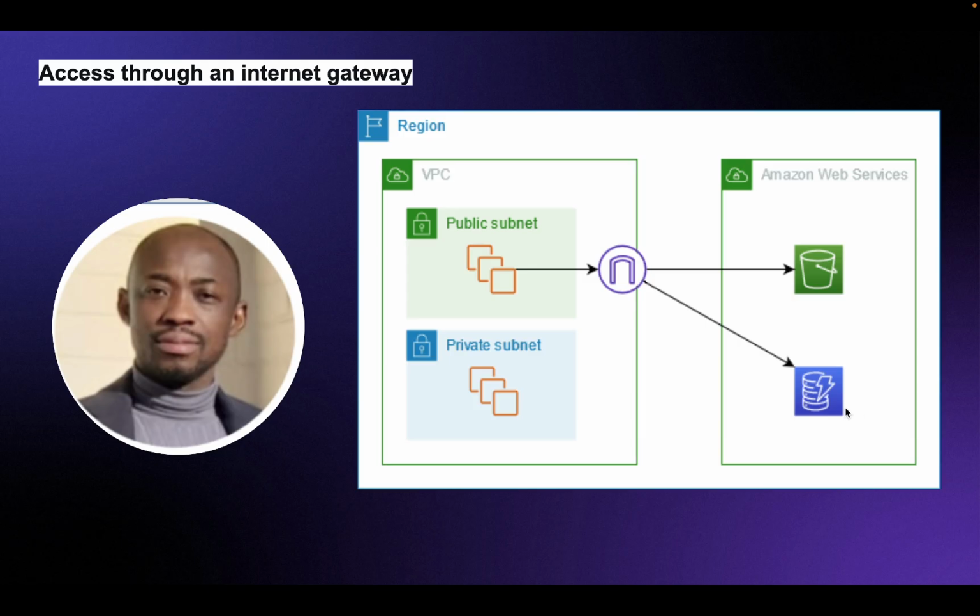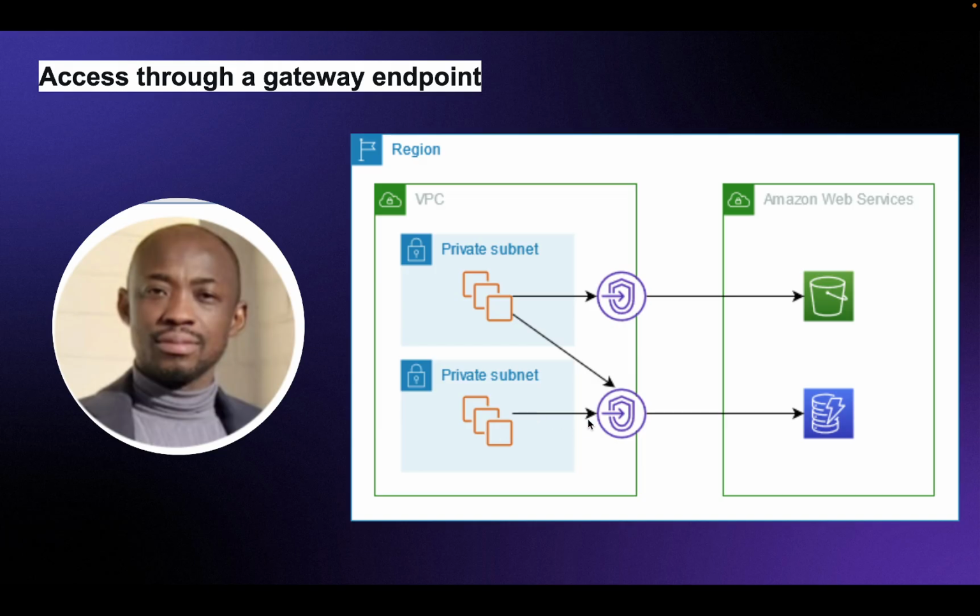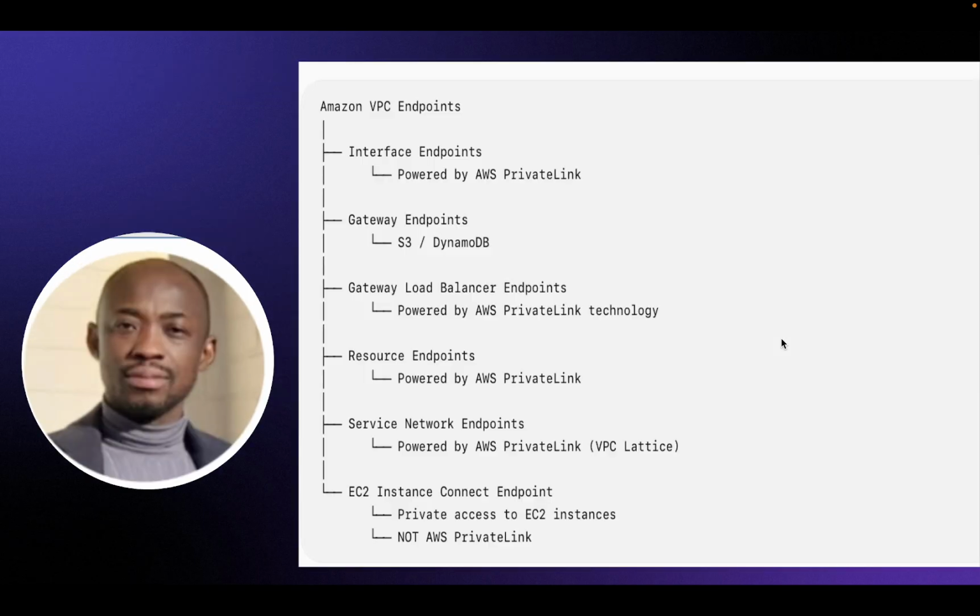But if your EC2 is in a private subnet, what is going to happen is you will create the gateway endpoint, and with that gateway endpoint, it will create a route in the route table and you can access your resources. So this is what it covers.